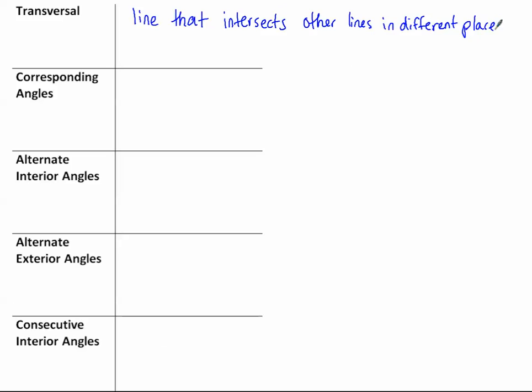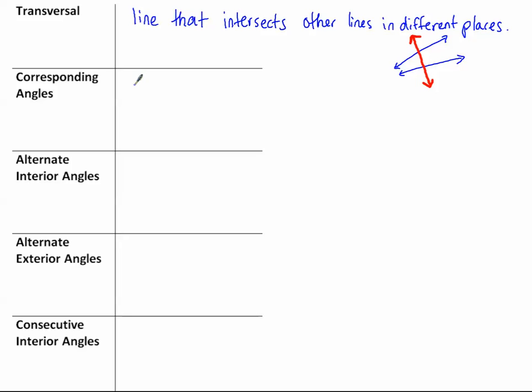Now, when we draw the following corresponding angles, alternate interior, alternate exterior, consecutive interior, we're going to show what the transversal looks like. But it doesn't have to be with parallel lines. Here are two lines that I purposely made look not parallel. The transversal is going to be the line that crosses those two lines, that line in red. See, it crosses here and it crosses here in two different places.